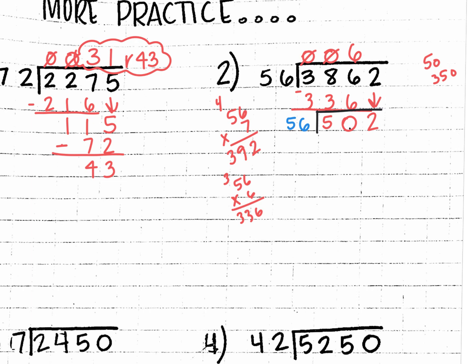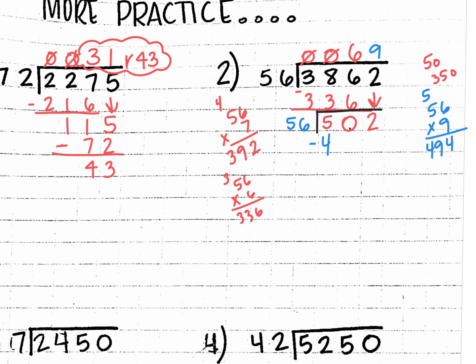9. Yeah. So I'm going to try 56 times 9. And it's 494. Will that work? No. Wait. It's got to be 502 or less, so yes, it does. I'm going to subtract 494. Wait, I did that wrong. 45, no, wait, what?